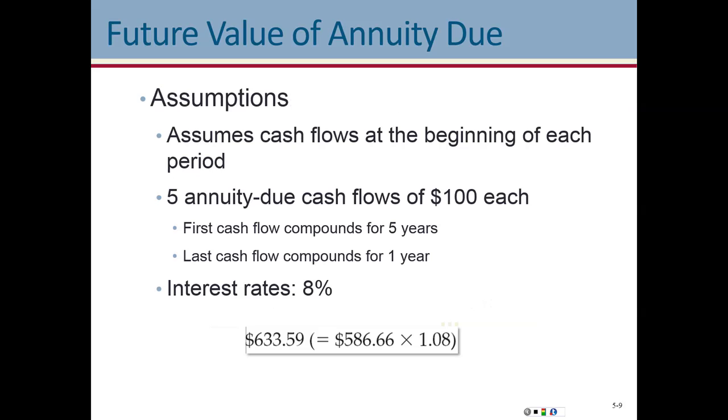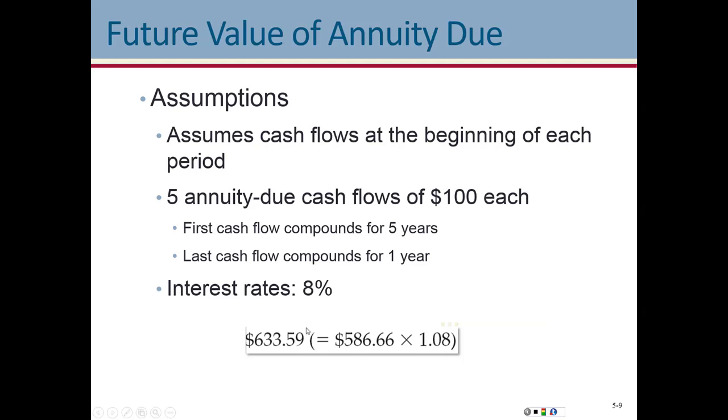That's exactly it. For example, the previous example that we had, $100 every month for 5 years. Interest rate is 8%. Our original number was 586.66. If we change this into an annuity due, we multiply that amount times 1.08. It ends up being 633.59.